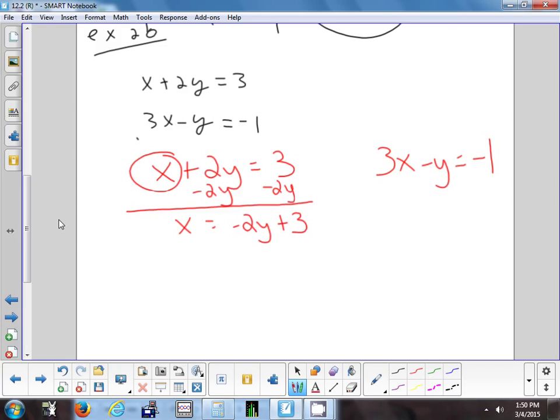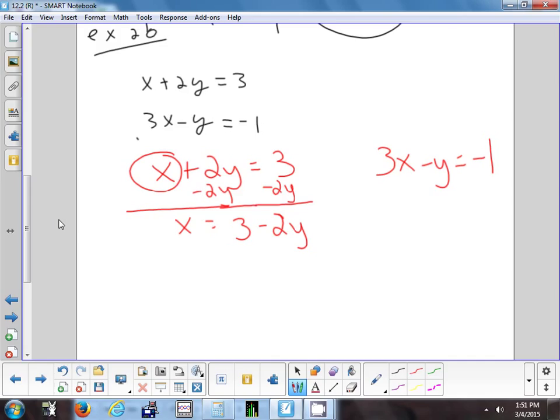You can do it either way. If you have 3 minus 2y, that's fine too. Either way works. Negative 2y plus 3 means the same as 3 minus 2y. It's the same exact thing.